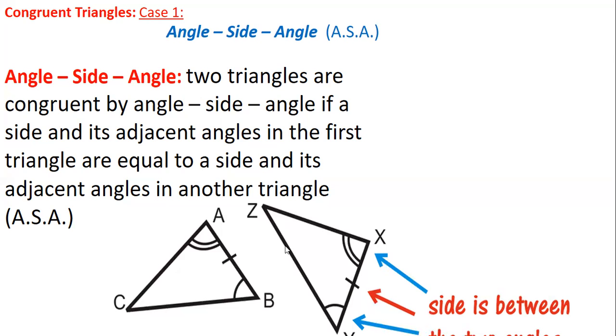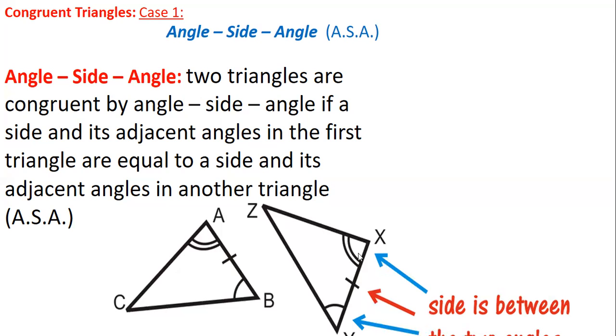As you can see from the marks given, angle CBA is equal to ZYX because here we have this mark, here we have the same mark. So these two angles are equal. Here I have CAB having two marks in it. ZXY has two marks in it.